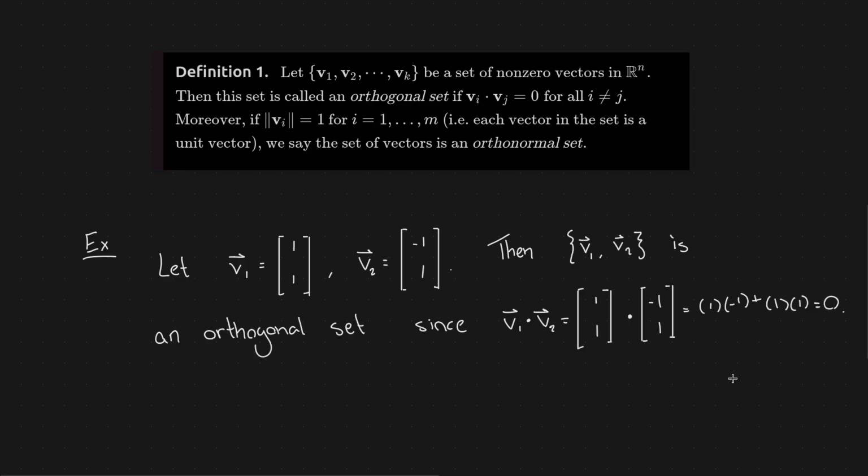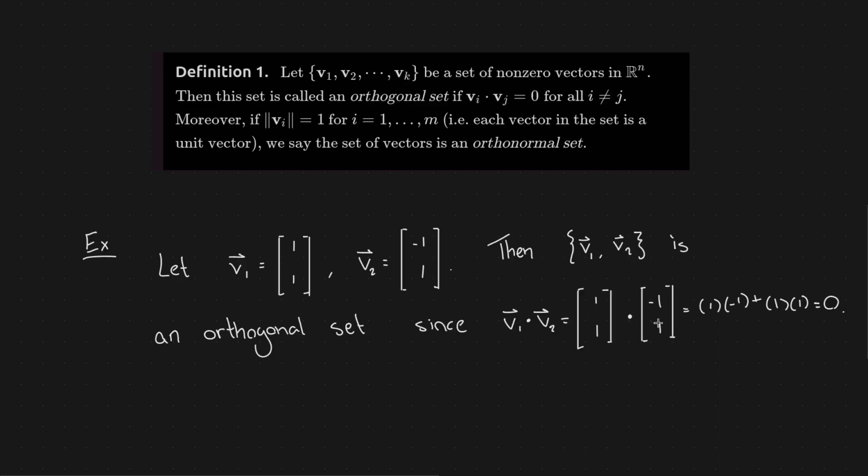They are orthogonal. They meet at a 90-degree angle. Notice that this would not be an orthonormal set, because neither v1 nor v2 is a unit vector. To be an orthonormal set, the vectors would have to be orthogonal and also be unit vectors.